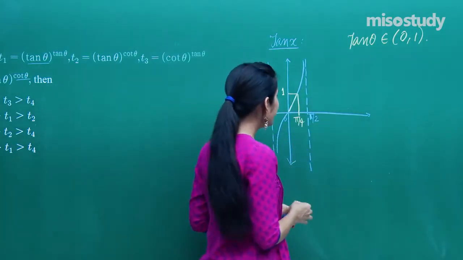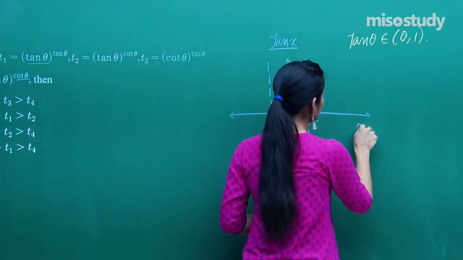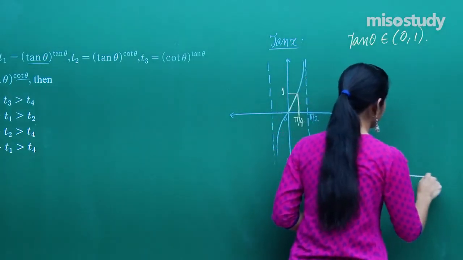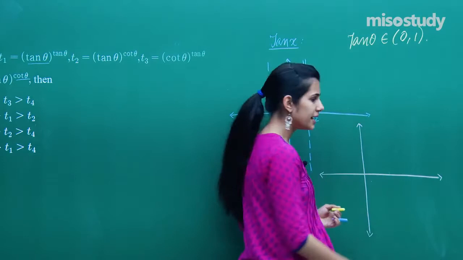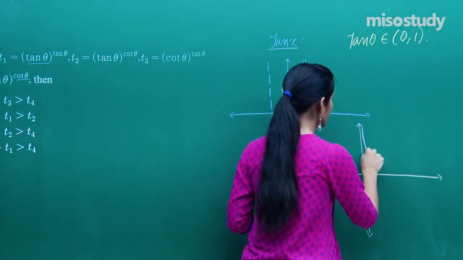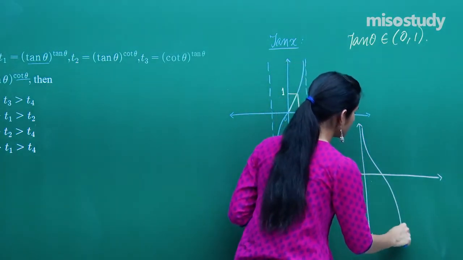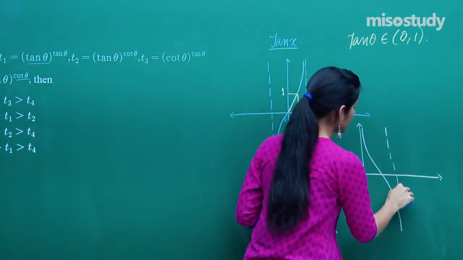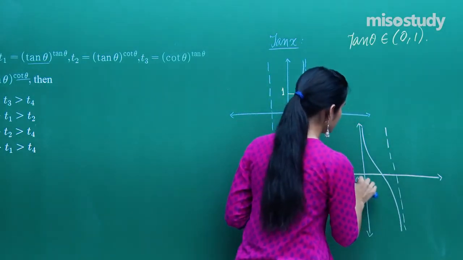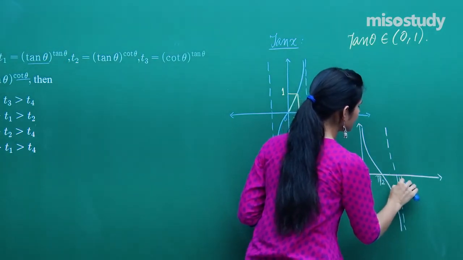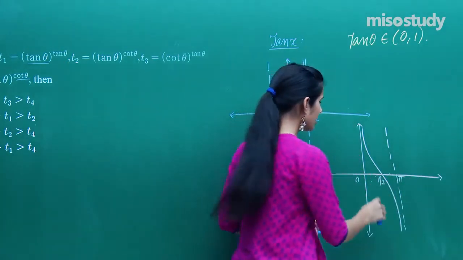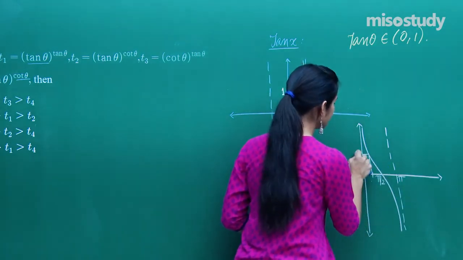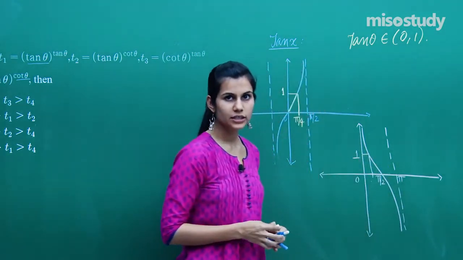Fine. Whereas, alternatively, if I talk about cot, how does cot behave? Right? This is 0, this is pi by 2, this is pi by 4. This is pi by 4, cot pi by 4 is 1, right?